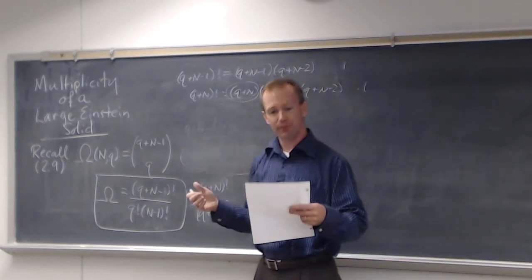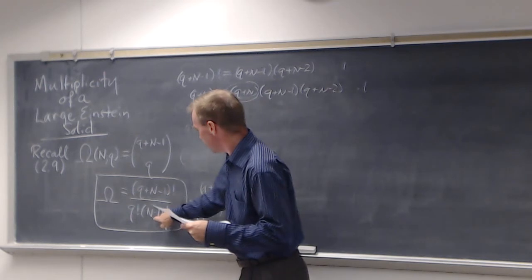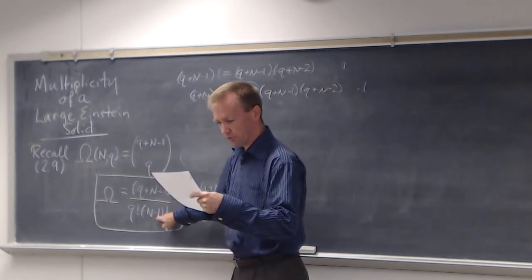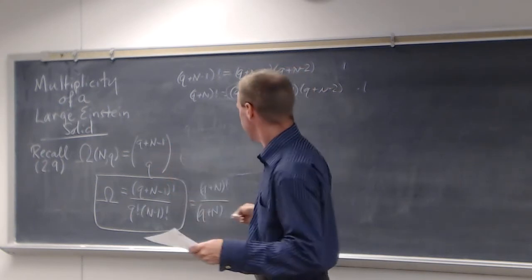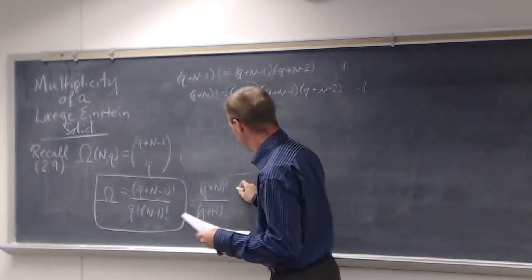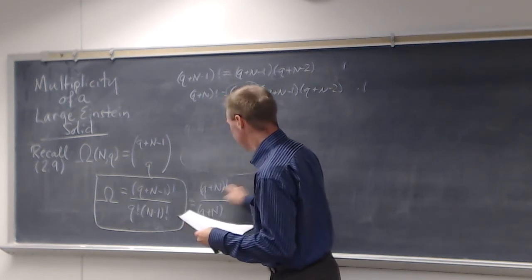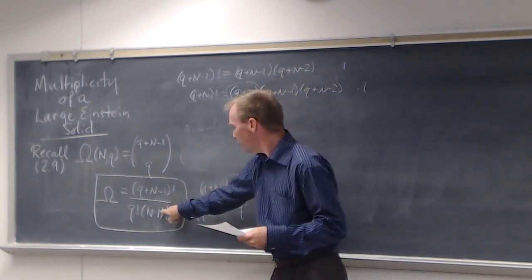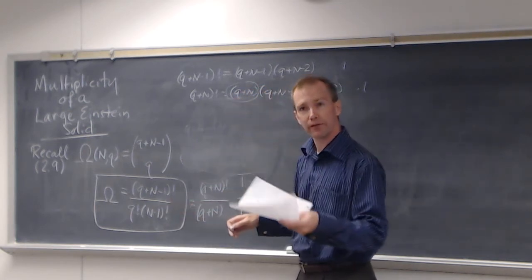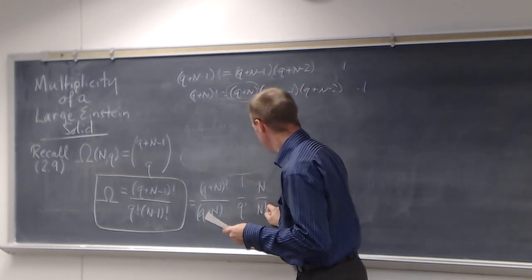Now I can do the same thing. N minus 1 factorial is n factorial divided by n. Now that's in the denominator, so I've got here, let's see, I've also got 1 over q factorial. Let's leave that there. 1 over n minus 1 factorial, by the same logic, is n over n factorial.